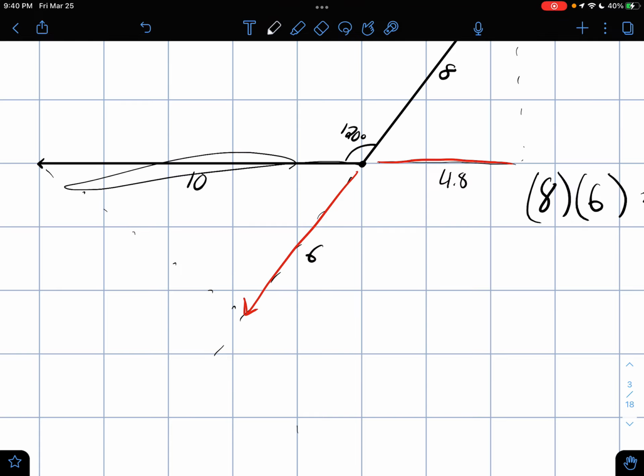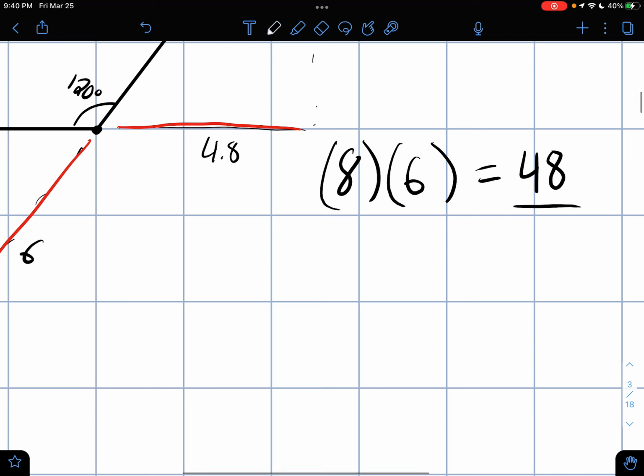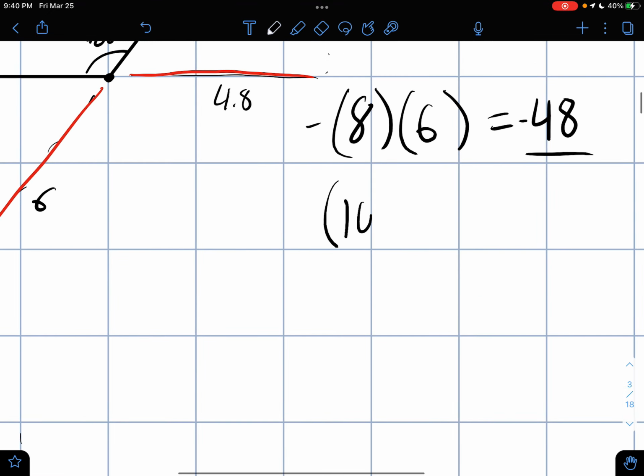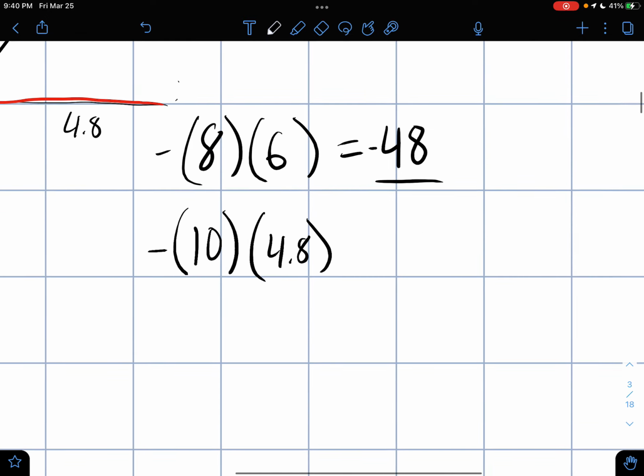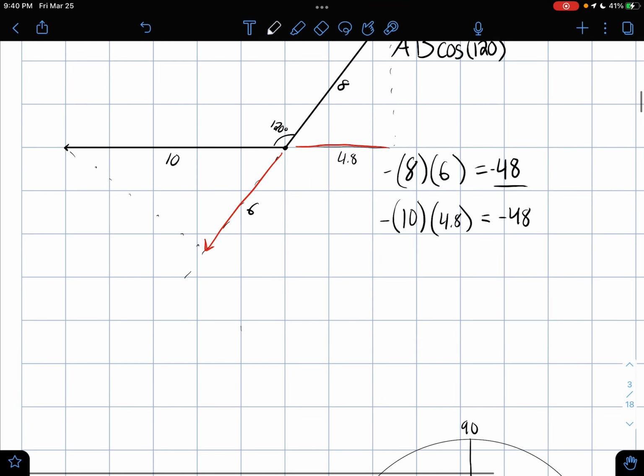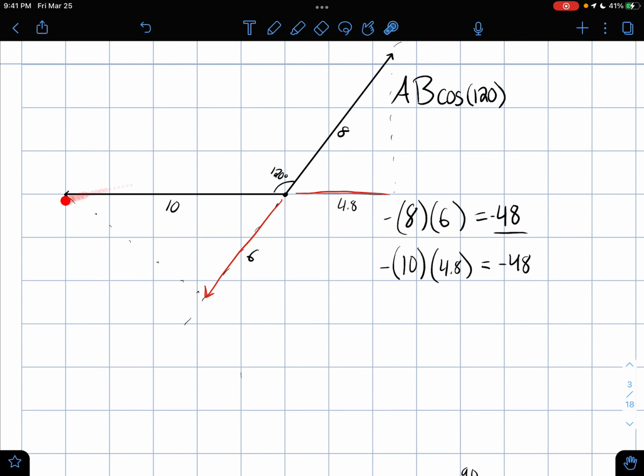And again, they're going in opposite directions, so it's going to be negative. Sorry, this is negative 48. So I can say 10 times 4.8, and it's negative, so I can say it's negative 48. And the reason it's negative, again, is because we can say that 10 is pointing in a negative direction.